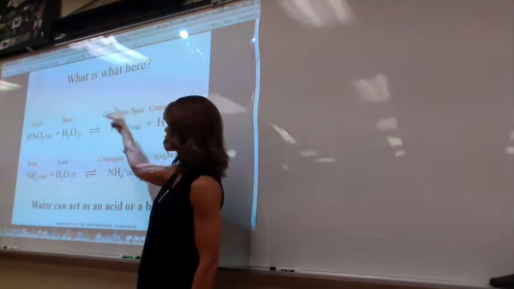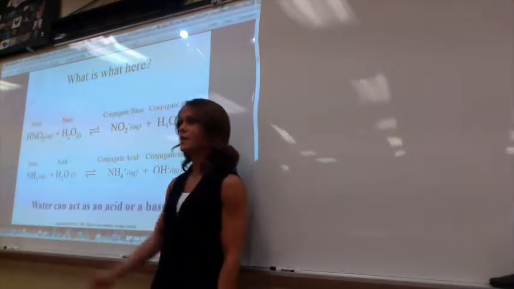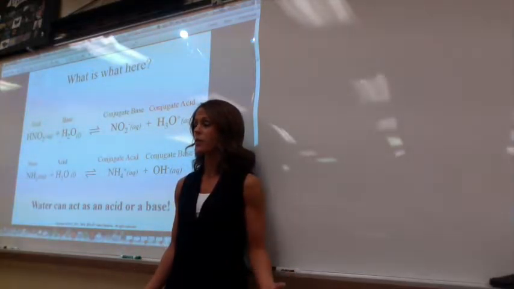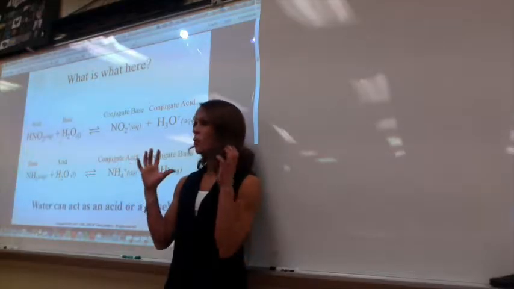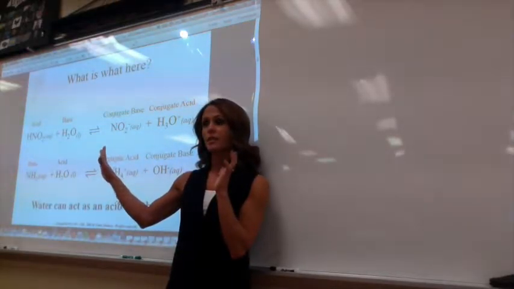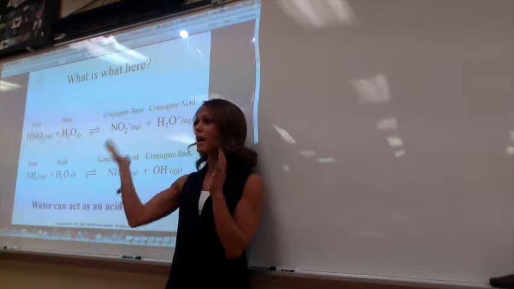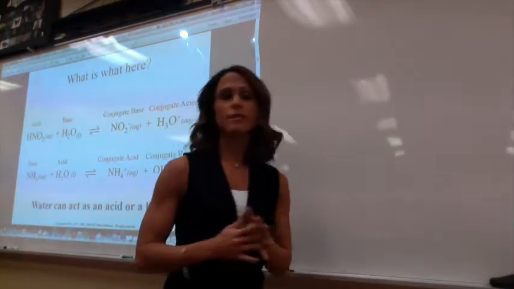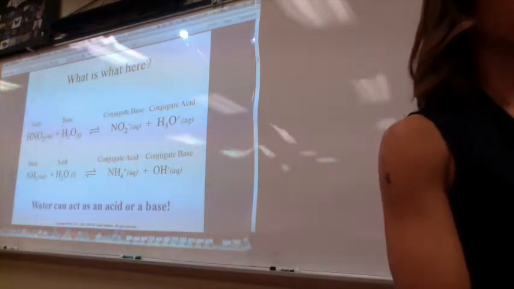Now notice, in these two different reactions, water is both an acid or a base. It just depends on what kind of reaction it's with. So if you take water and you remove the hydrogen, then it becomes OH-. If you add a hydrogen to water, it becomes H3O+. So water can behave both as an acid or as a base.